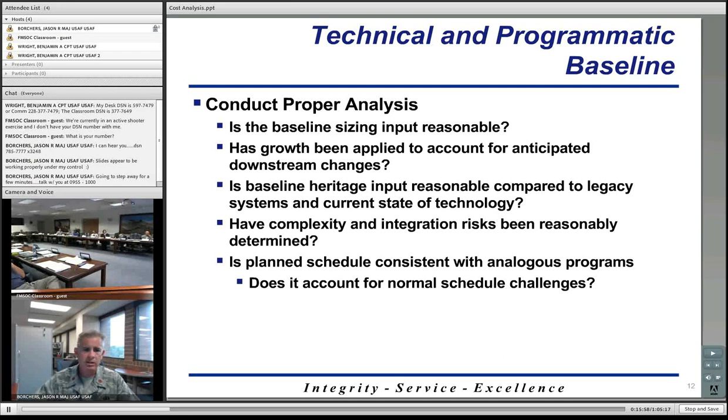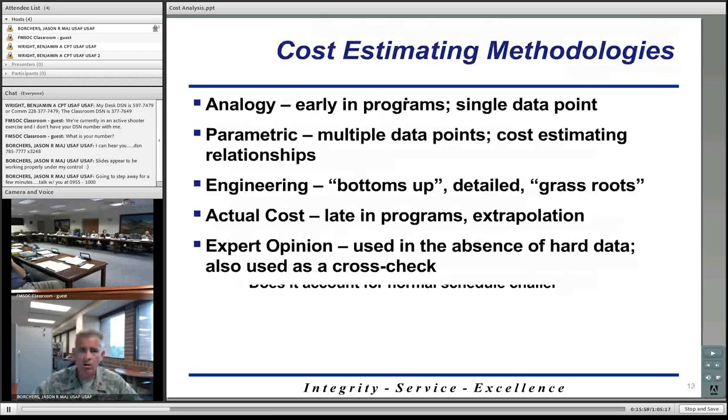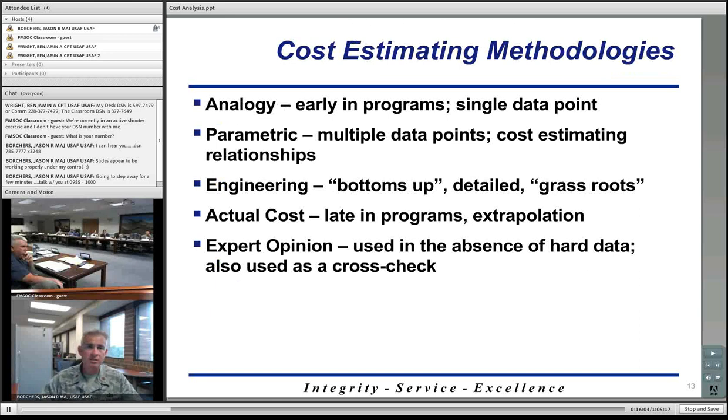So when we're actually conducting our cost estimate, there are 5 main methodologies, if you will, for how we actually come up with a cost estimate. The analogy method typically occurs early in programs, and it references a single data point. So for instance, if you don't have much information at all to go on, and you're estimating for, let's say, a refueling aircraft, well, you may look at the cost estimate for a refueling aircraft in the past.